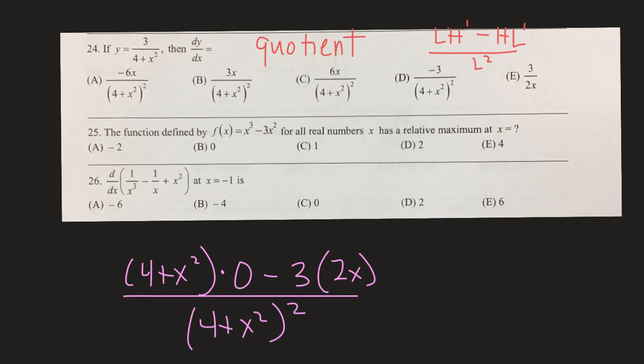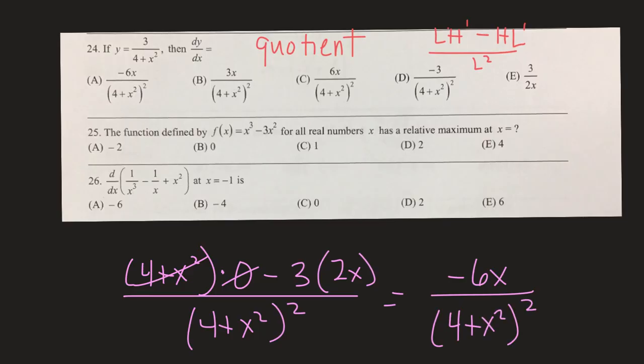Okay, so anything times 0 is 0, so we have a minus 6x on the numerator, and I have 4 plus x squared, quantity squared in the denominator. Is that an option? Oh yes, there it is. The first option is A. That is going to be our correct answer.